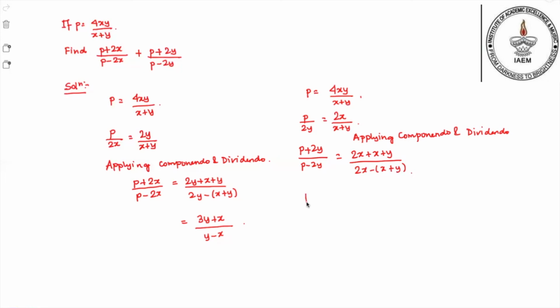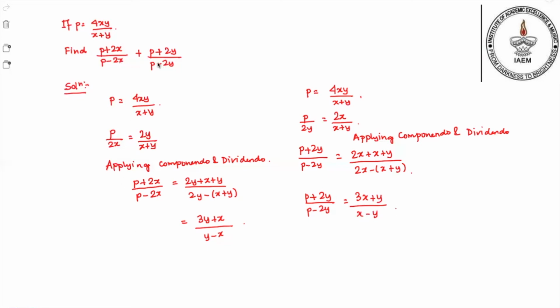So we will have p plus 2y by p minus 2y equals (3x plus y) by (x minus y).